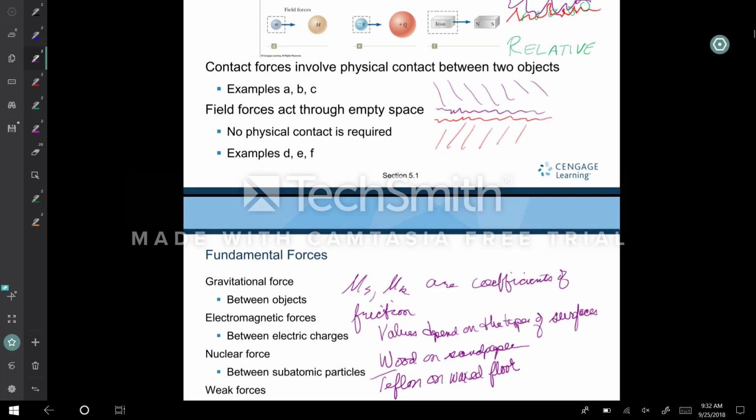But suppose I take one of your Tefal, or whatever they're called, cooking pans that have Teflon on them. Is Teflon rough or is it slippery? It's slippery. So we expect Teflon on a waxed floor to have very low coefficients of friction.